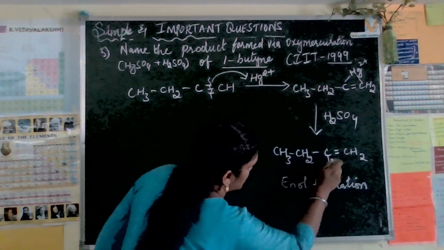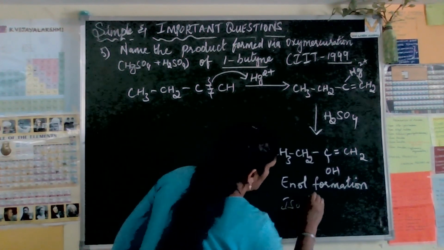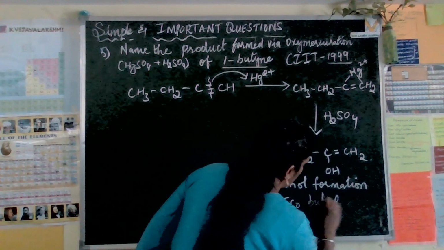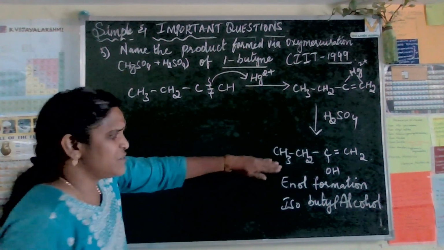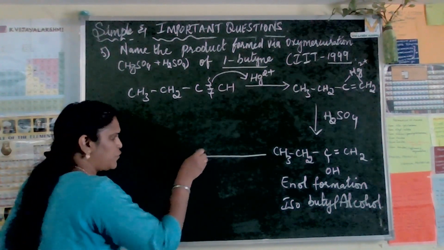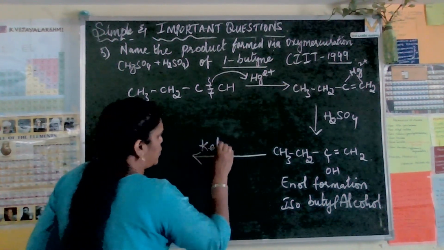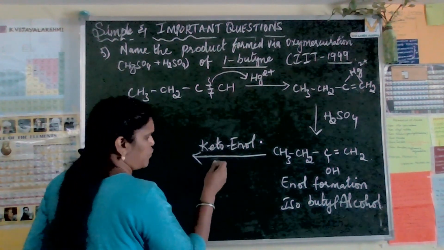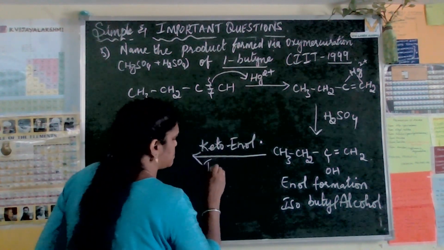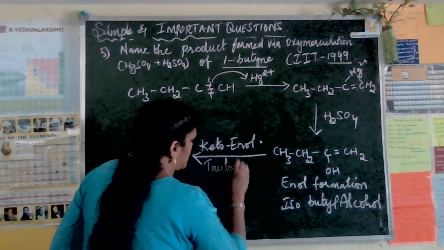Here actually it is an enol. Now this will not be stable, it gives a keto formation. So keto-enol formation, right? This is tautomerism.